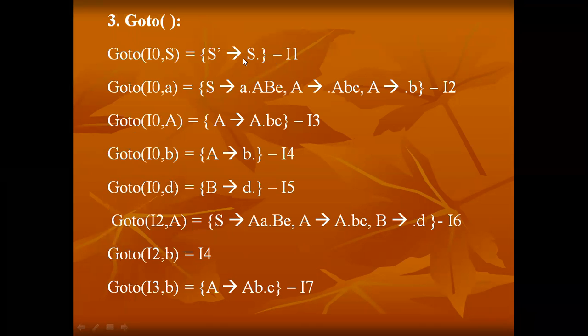There is only one S on the right hand side, like S dash tends to dot S, and after calling goto of I naught comma S, the dot moves forward and the right hand side is completed. There are no more symbols on the right hand side. That means this rule is completed by calling the goto function I naught with S.